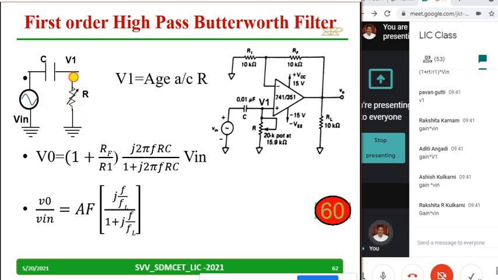Only the components were interchanged. Earlier it was R, here it was C. Therefore I got V naught equal to 1 plus RF by R1 into Vin into j2πfRC divided by 1 plus j2πfRC. Copy down this and try to understand.